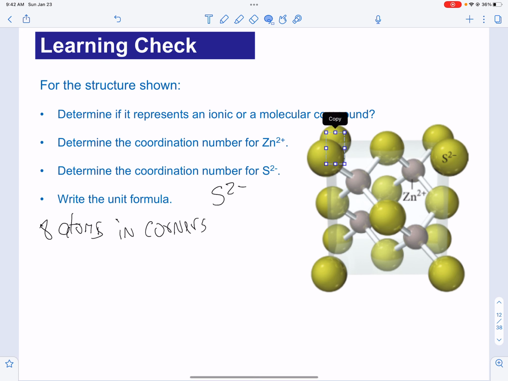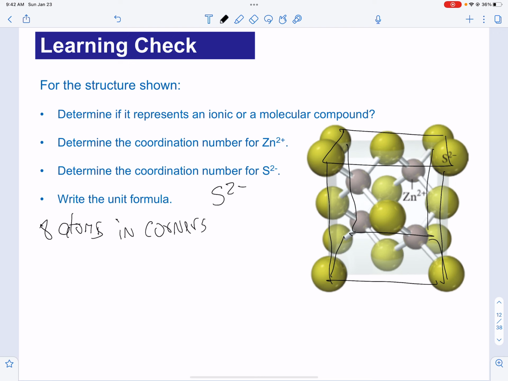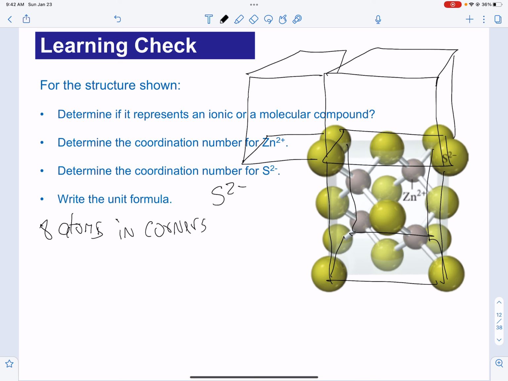this unit cell, right, which is like a cube, is connected to another unit cell, which is connected to another unit cell, which is connected to another unit cell.